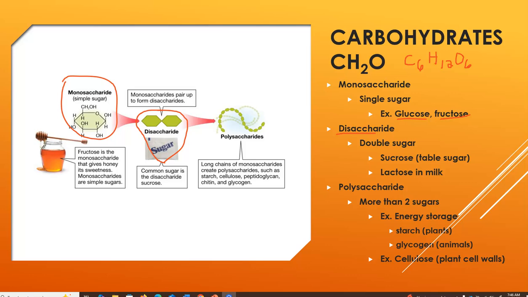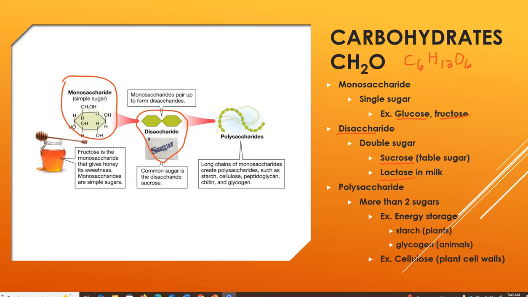So saccharide, once again, referring to sugar, di referring to two. In this case, we have the example of sucrose. So you see the sugar packet there, and that's basically the sugar that you buy at the grocery store. So that sugar is called sucrose. Another disaccharide is lactose. So these are made by joining two monosaccharides together.